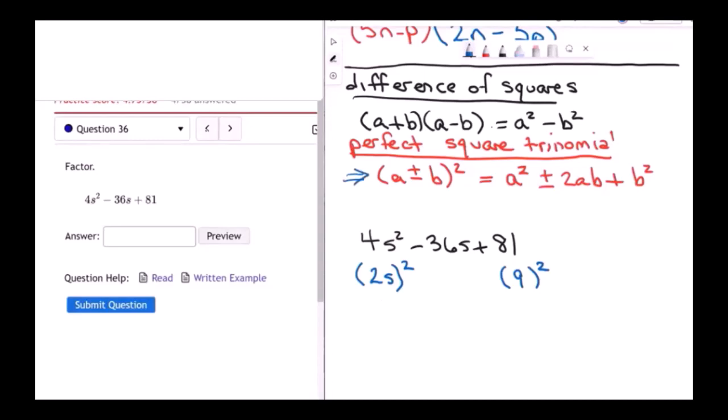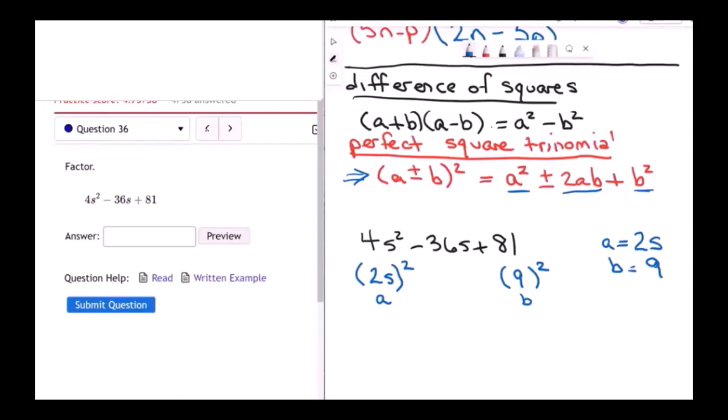Well, let's let a equal this and b equal this. A would equal 2s, b would equal 9, because this is a squared, this is b squared. Now, if the middle term is equal to 2 times a times b, I don't have to do all that work.